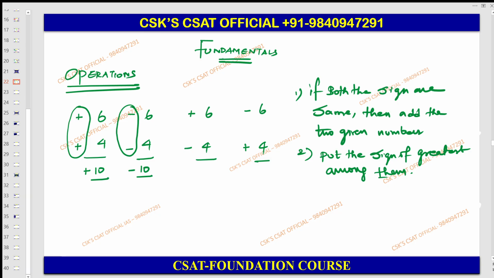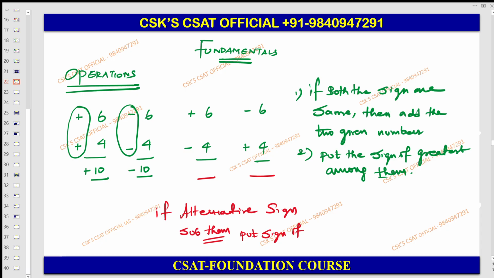The same thing you can apply here. When one is plus and one is minus, it means you need to subtract. If alternate signs, subtract them and put the sign of the greatest among them.